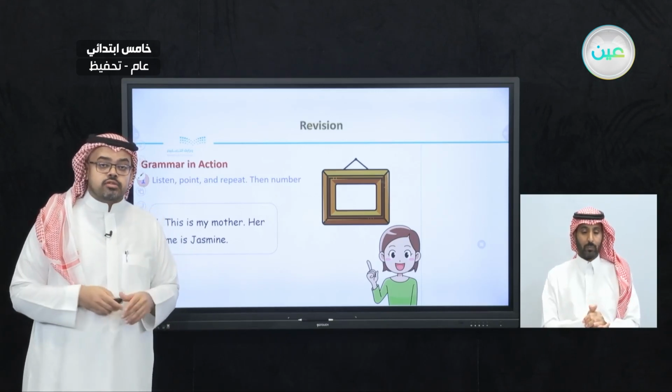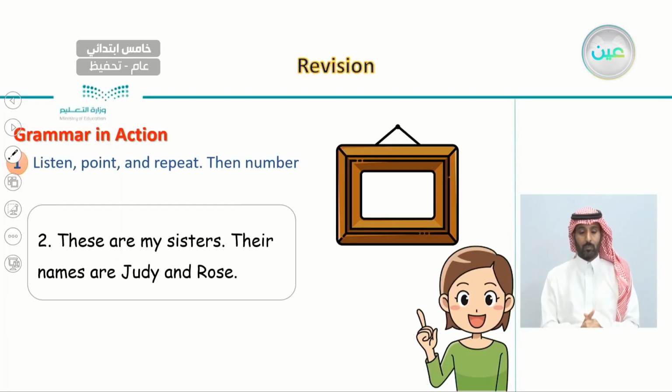Now, let's see the other sentence. Number 2, these are my sisters. Their names are Judy and Rose.